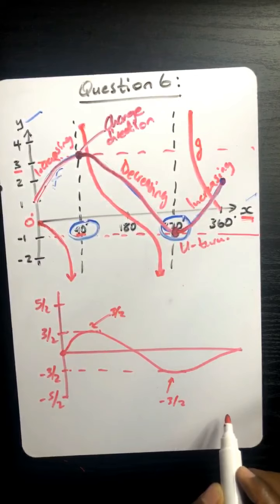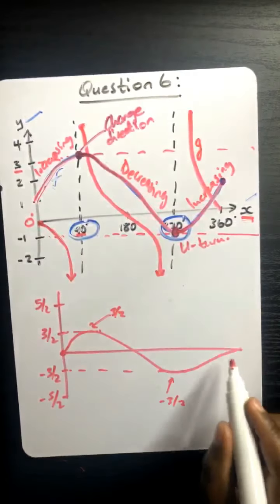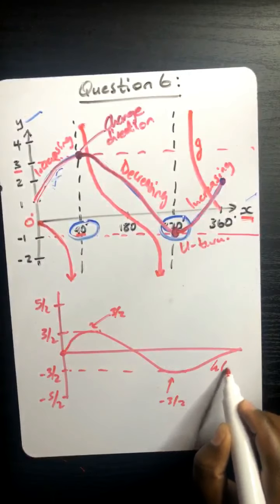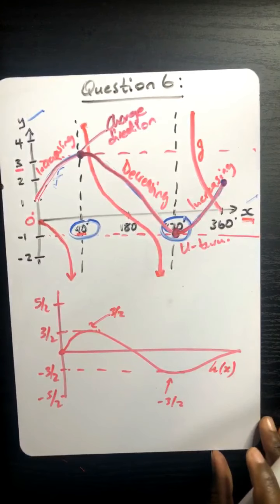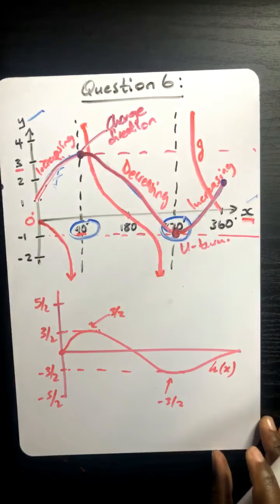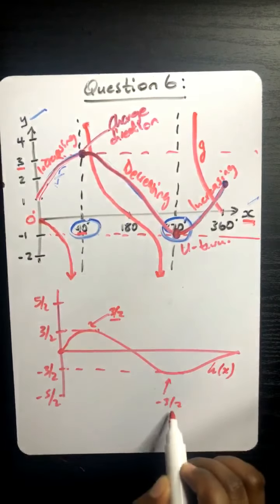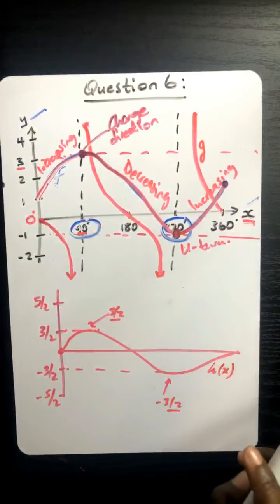You tell me, Hamisa, by looking at this alone, would you say this function, let's call it the function of Hamisa, h of x, has shifted? No. Why? Because the maximum value and the minimum value are the same. They only differ in signs, isn't it?